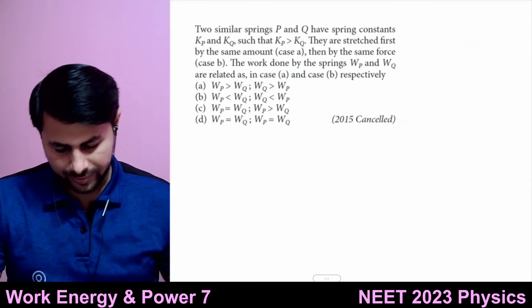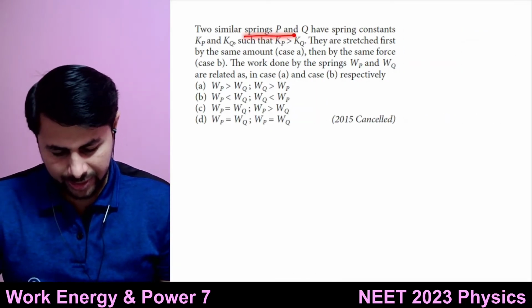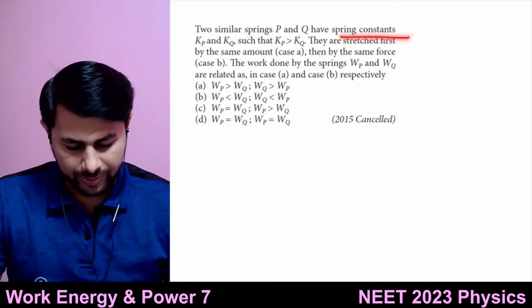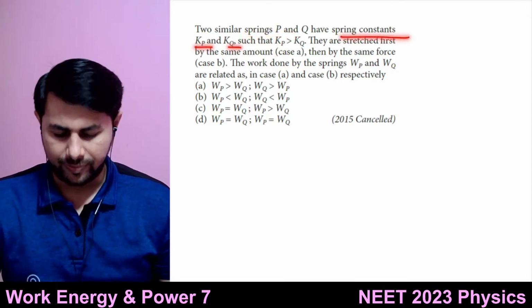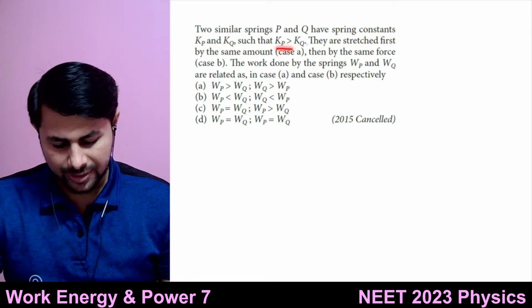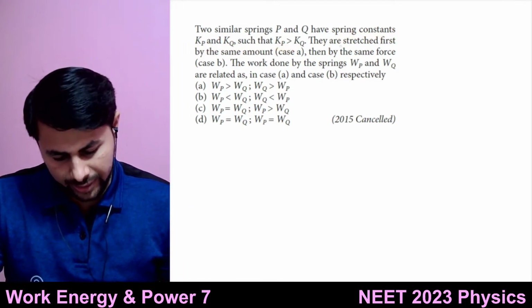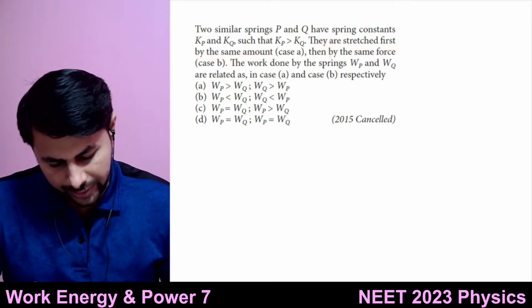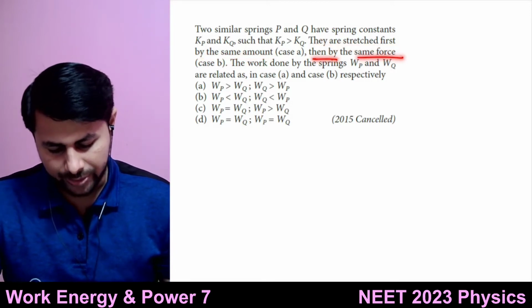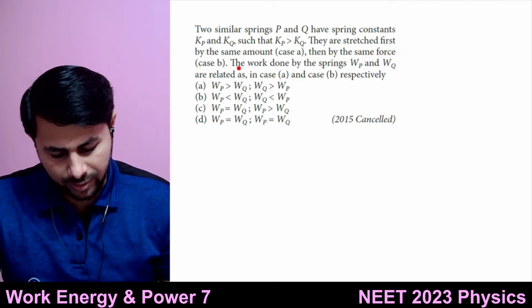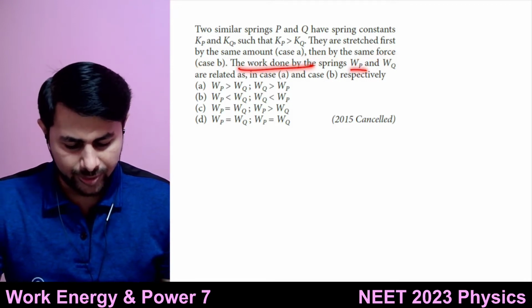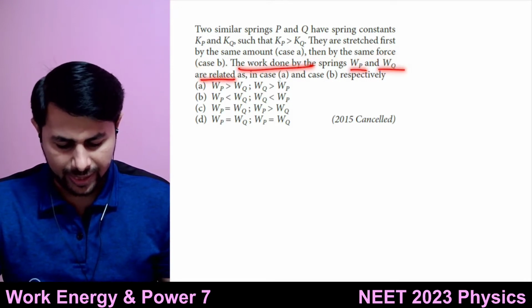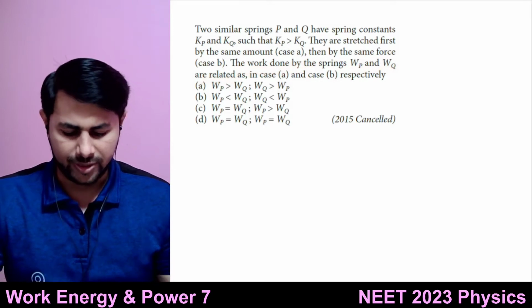So next question. Two similar springs P and Q have spring constants Kp and Kq such that Kp is greater than Kq. They are stretched first by same amount, case A, then by same force, case B. The work done by the springs Wp and Wq are related as in case A and case B respectively.